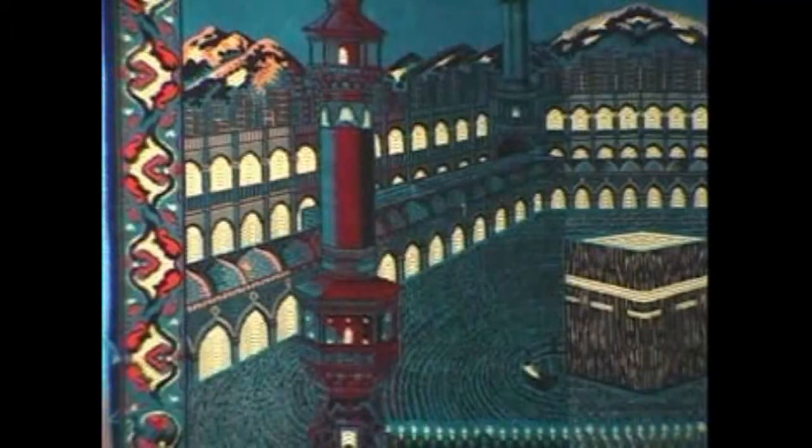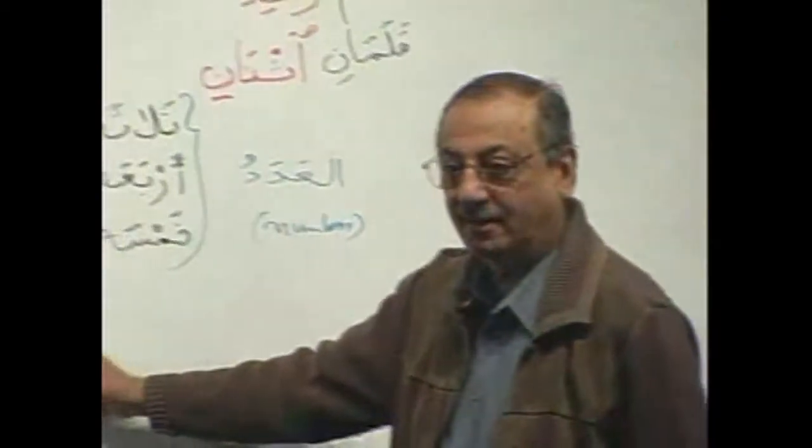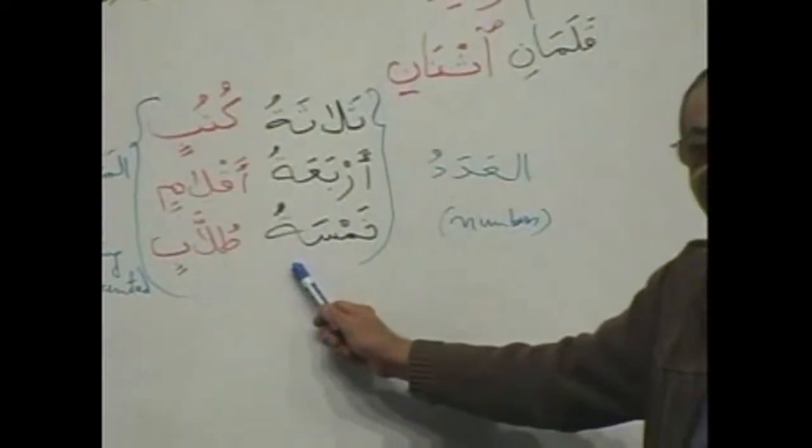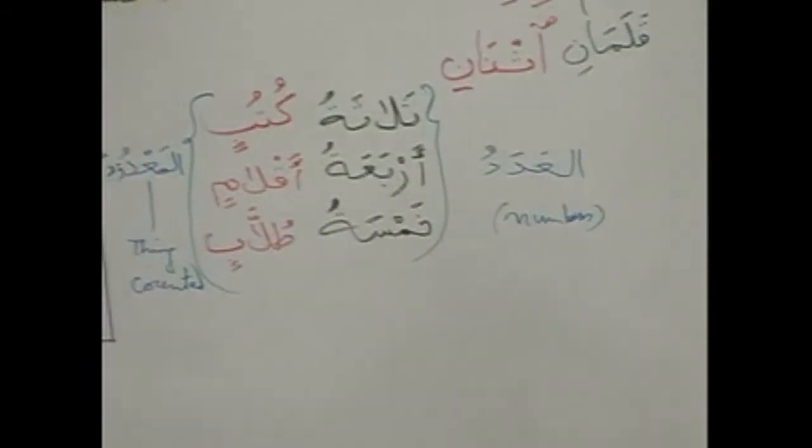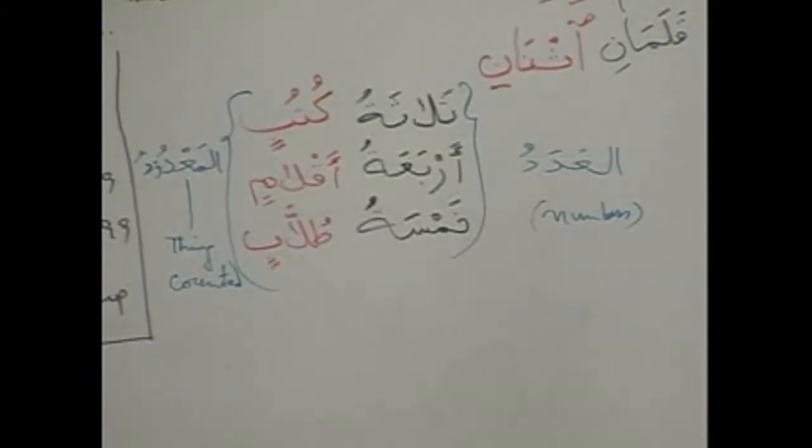Now, very important thing to note is that when the thing counted is muzakkar, the number gets ta marbuta, becomes feminine. Are you with me? Whenever the thing counted is muzakkar, the number will change into muannas.